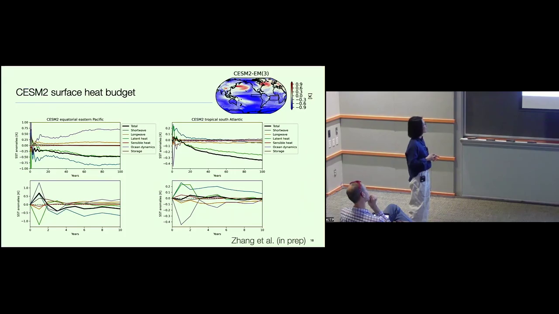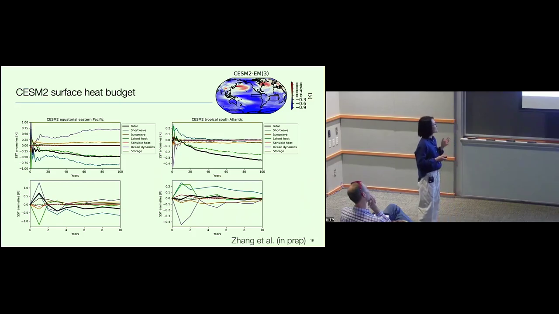For example, in the Pacific here, in the first year, we have a very strong warming, and that's coming from both the ocean and also the shortwave terms. So both terms actually contribute, where the latent heat term is acting to provide a negative SST anomaly. And that's not the case in the Atlantic.